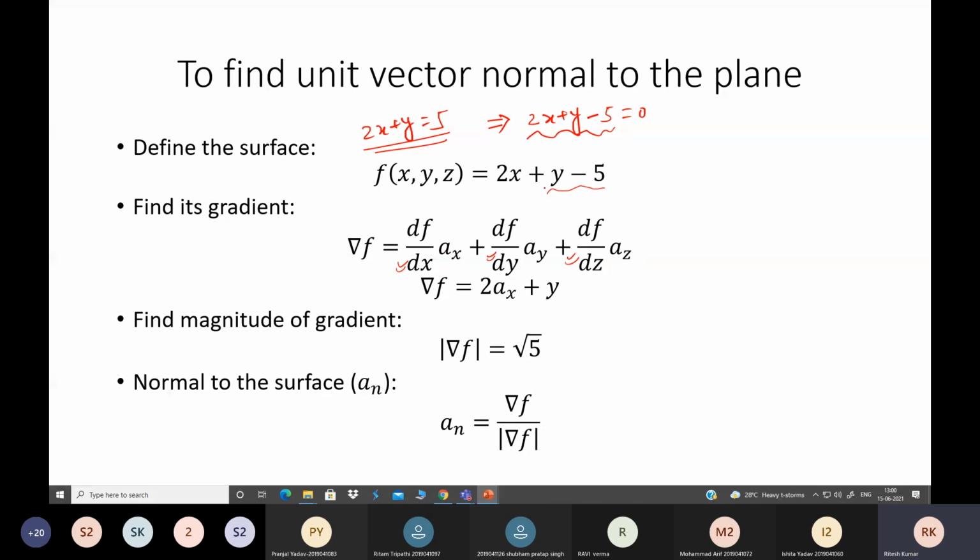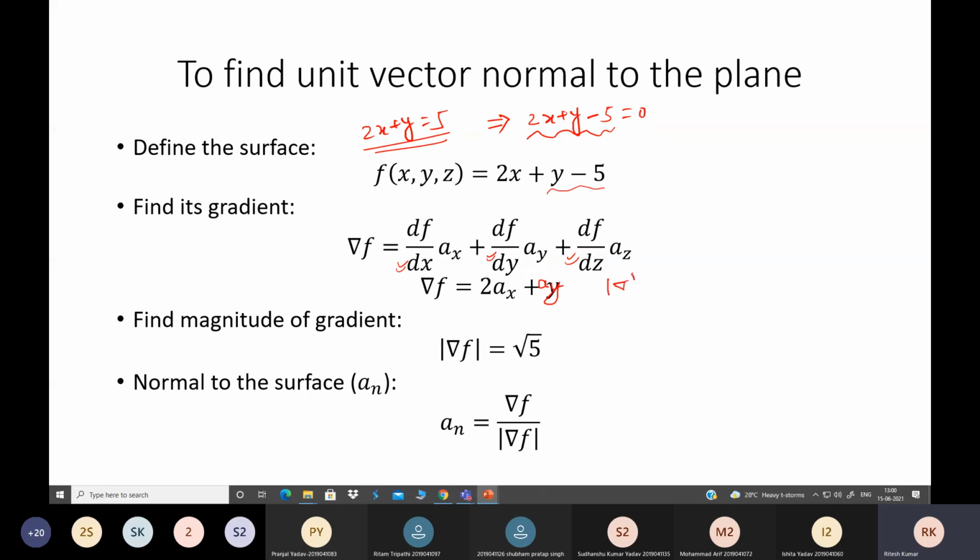Now when you differentiate with respect to y, only y is there, so 1 is there, and the direction is ay. So 1 into ay. And find the magnitude of this. So what will be the magnitude?